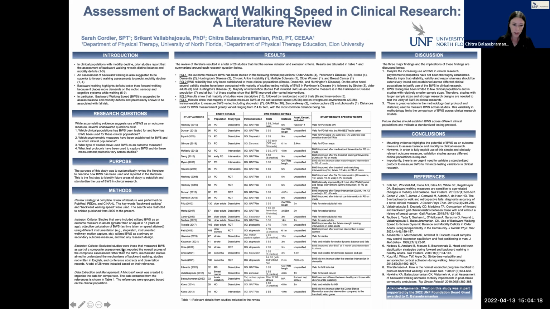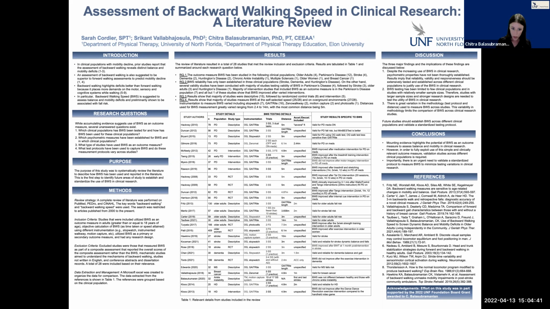In terms of the methods used, we did a complete literature review on PubMed, PEDro, and CINAHL using the keywords backwards walking and backwards walking speed. And we only included articles from 2000 to present.